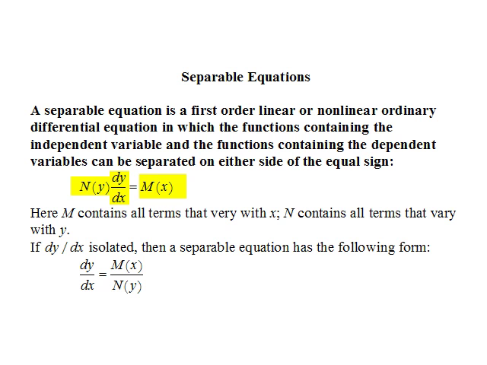This can just be a simple constant like 1, but we have to be able to write it in this form. So m contains all terms that vary with x. N contains all terms that vary with y. You could isolate dy by dx, then you have dy by dx equals all the terms that vary with x divided by all the terms that vary with y.